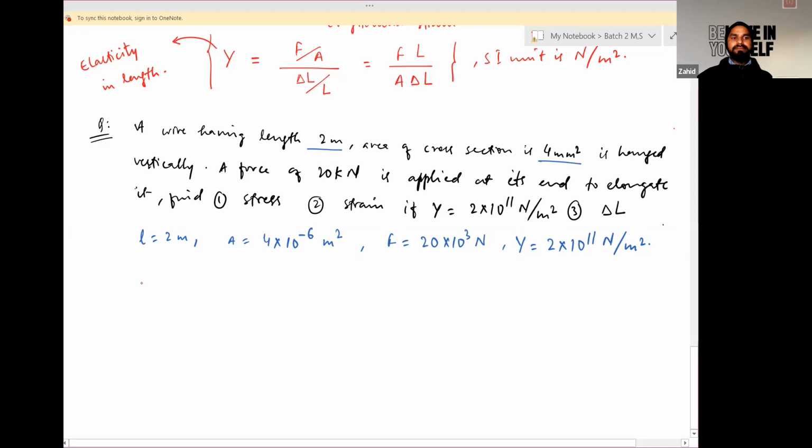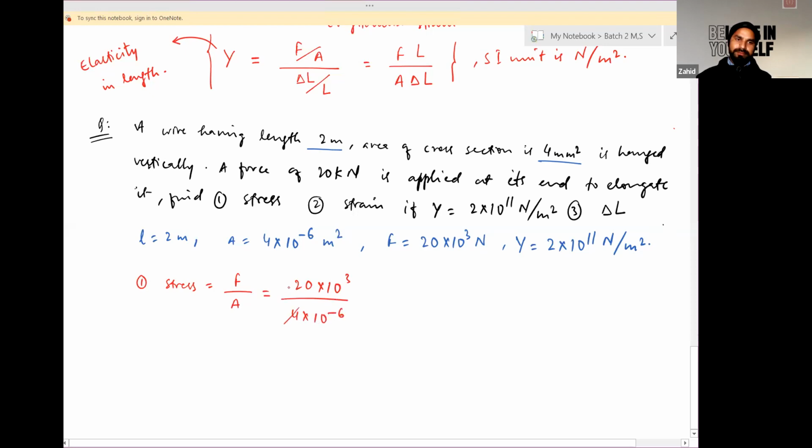Let me solve. Stress equals force divided by area of cross section. Force is 20 into 10 to the power 3, divided by area of cross section 4 into 10 to the power minus 6.